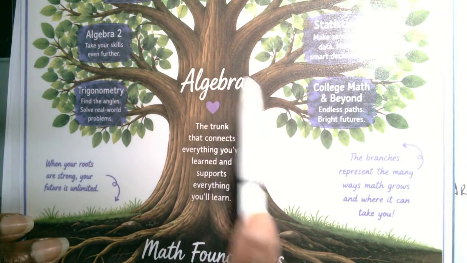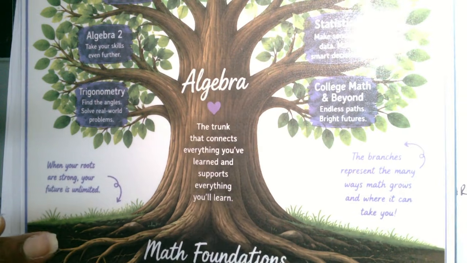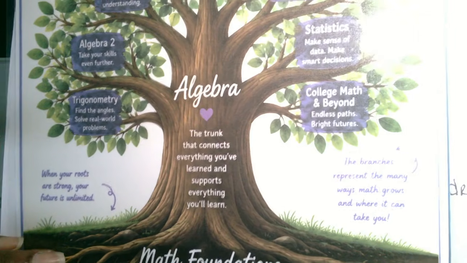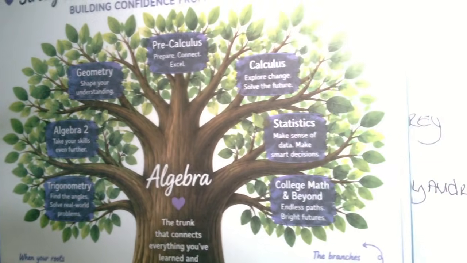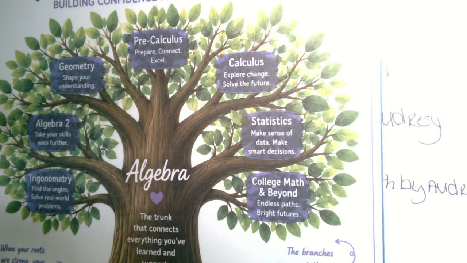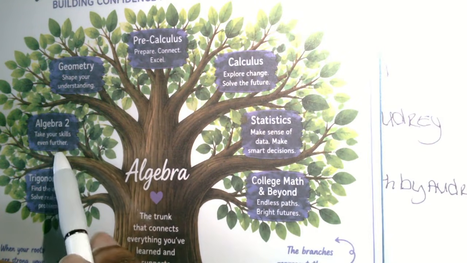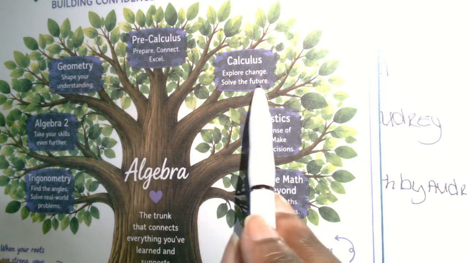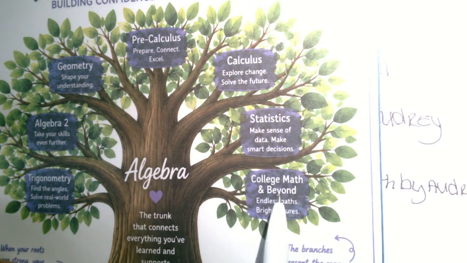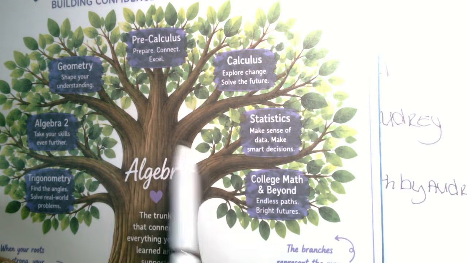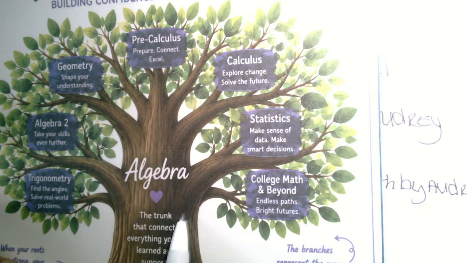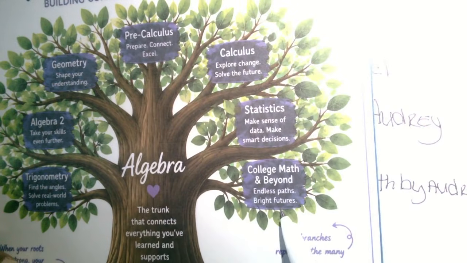And once we get the algebraic components, just like that one person said earlier, there we go, and they're trying to do college math, look what's happening. Trigonometry, algebra, geometry, pre-calculus, calculus, statistics, even college math. If we don't have a strong foundation with algebra, it's hard for you to do all those other things.